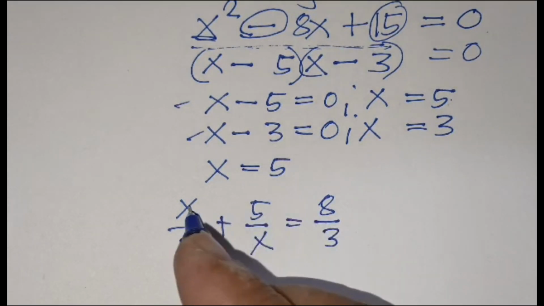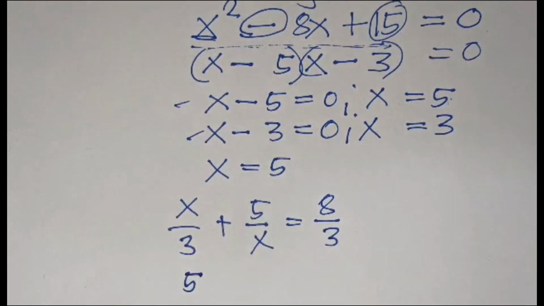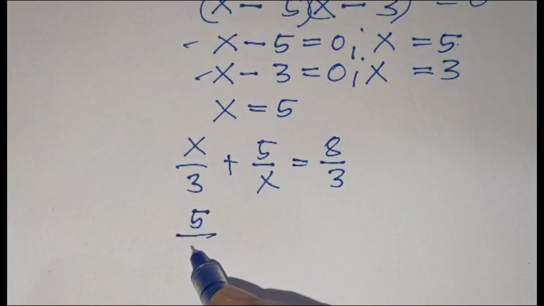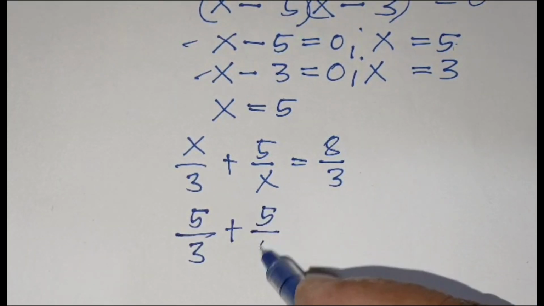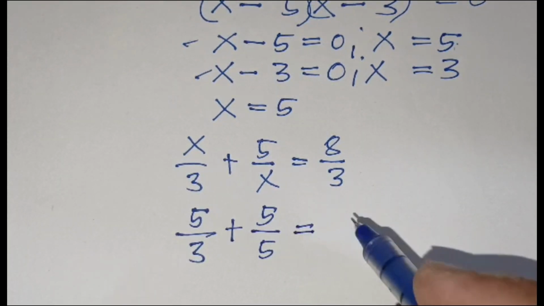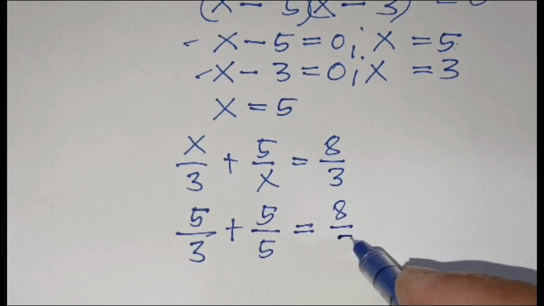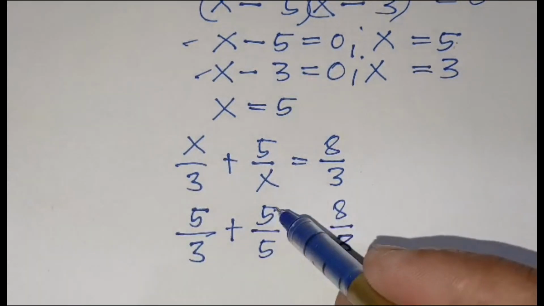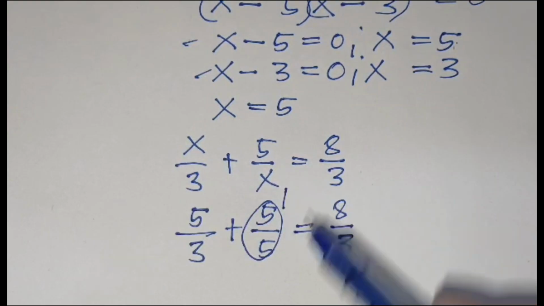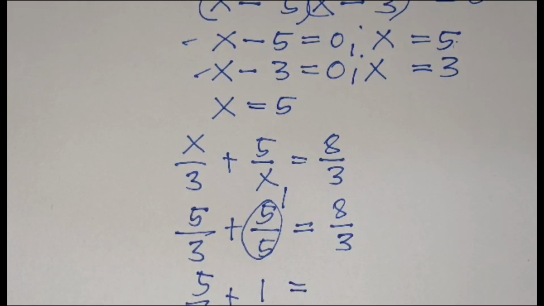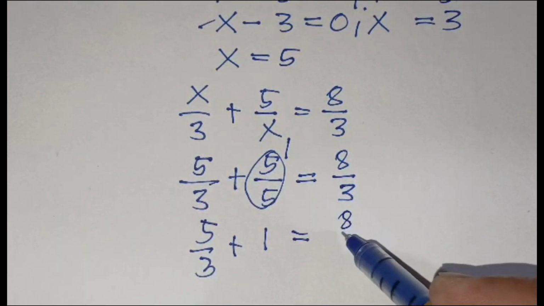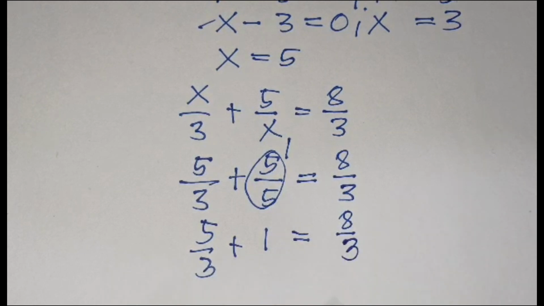So when x is 5, we have 5 over 3 plus 5 over 5 is equal to 8 over 3. We know that 5 over 5 is equal to 1. So we have 5 over 3 plus 1 is equal to 8 over 3.